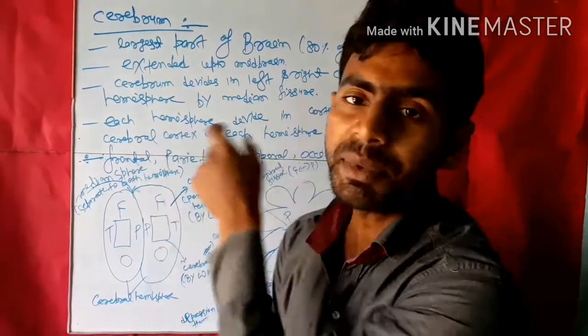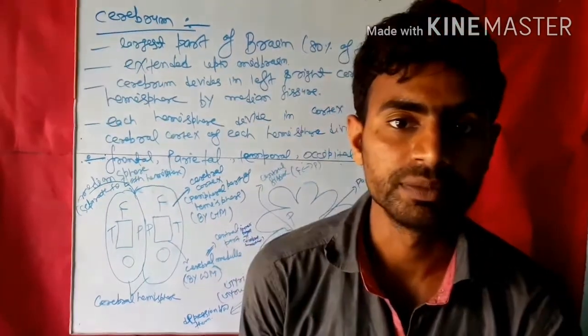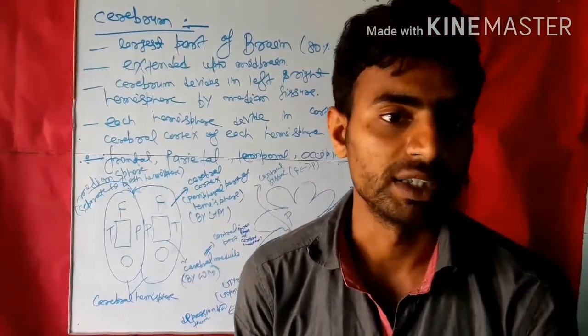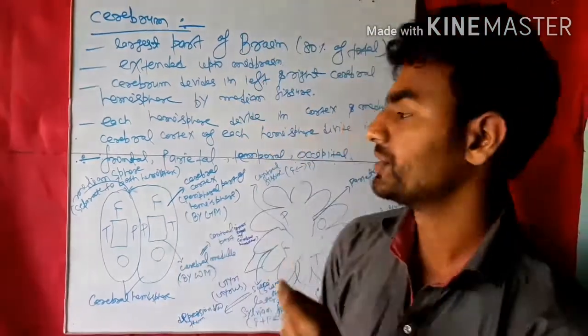A deep cleft divides the cerebrum into two parts, the left and right cerebral hemispheres.